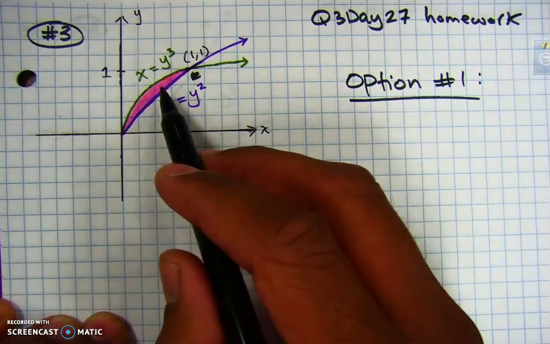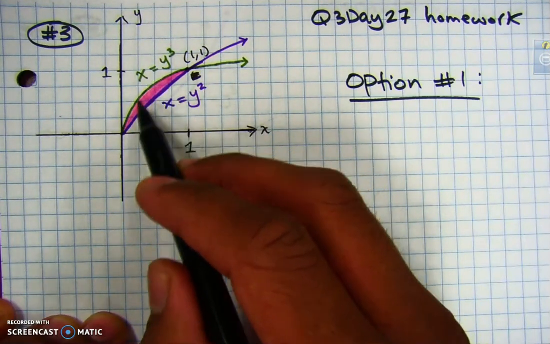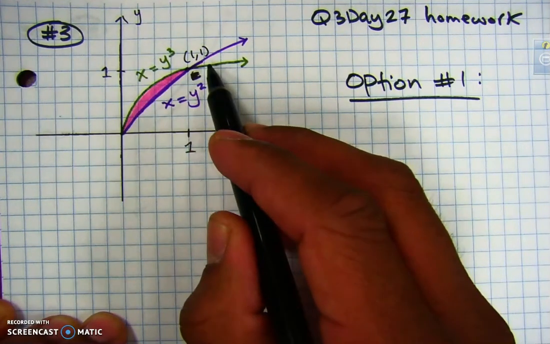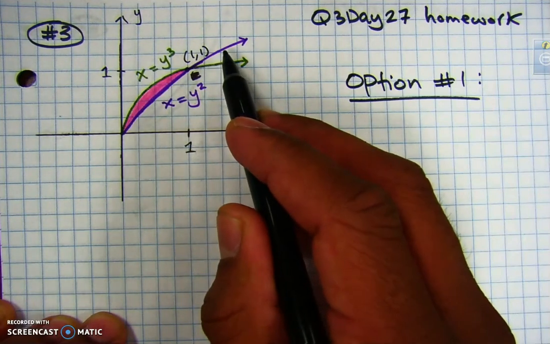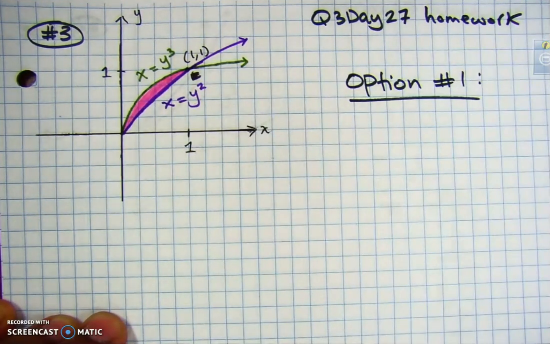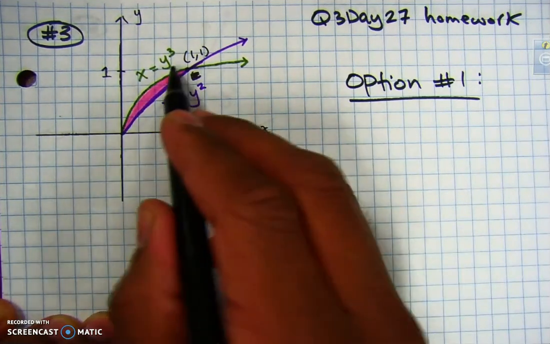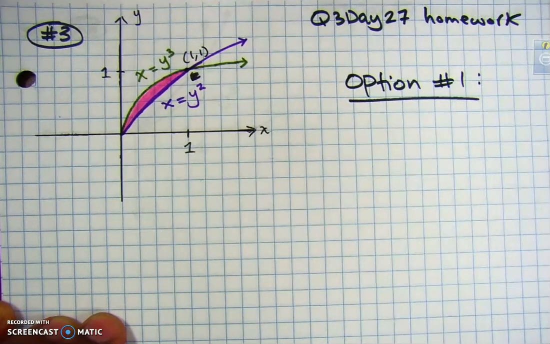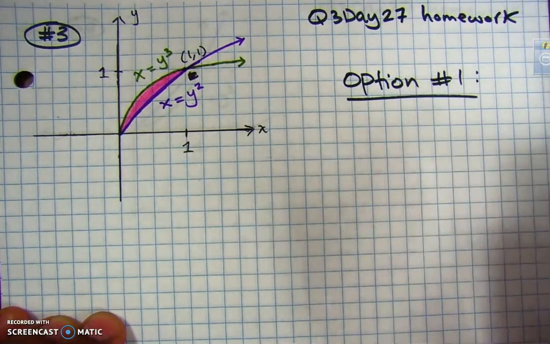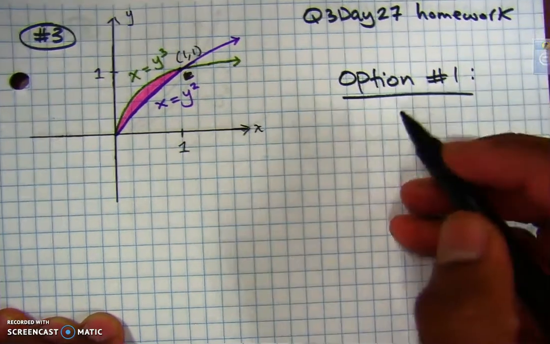If you want to keep that idea of the upper function, the green one, minus the lower function, the purple one, you are going to be integrating with respect to x. So we need to change these functions into the form of y equals so that my functions are in terms of x.